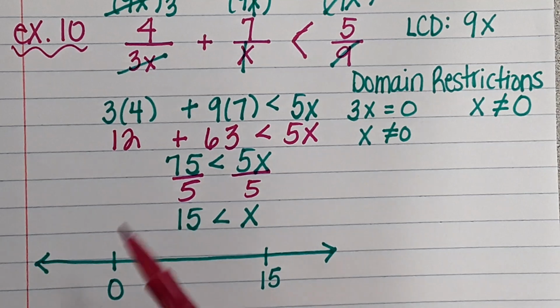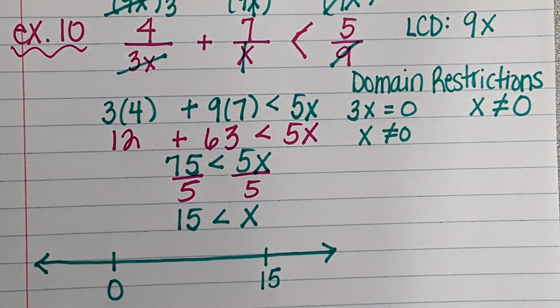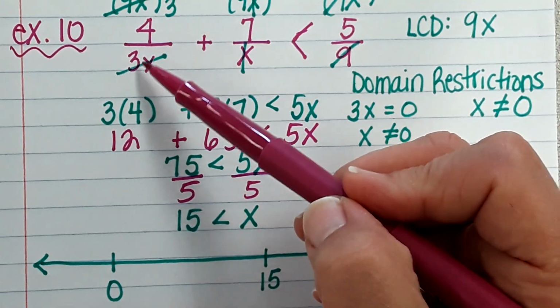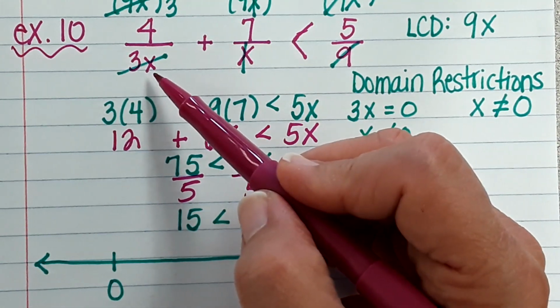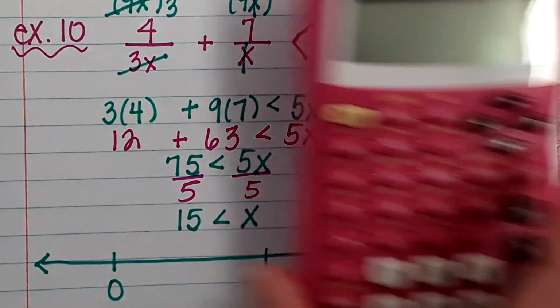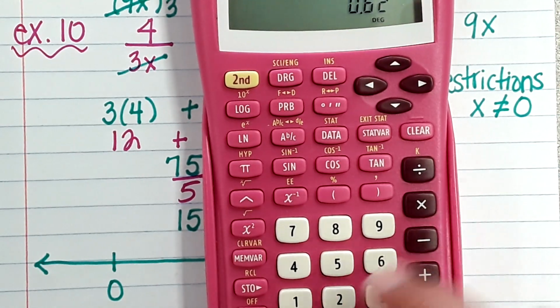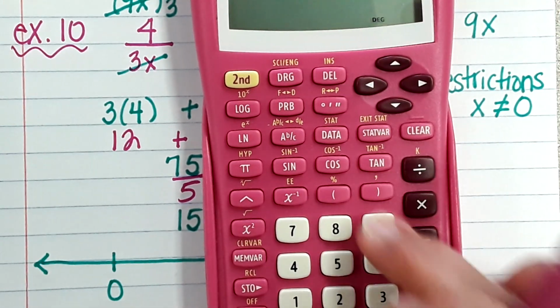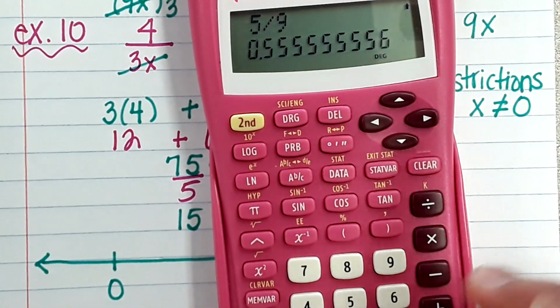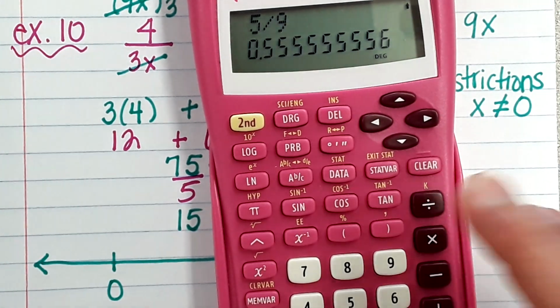It doesn't matter. What's a number less than 0 you want to test? -2. Let's test -2. So in the original equation, I'm going to do 4 divided by 3 times -2 plus 7 divided by -2, and it needs to be less than 5/9. Just a reminder, 5 divided by 9 is 0.5555. So we want something less than that.